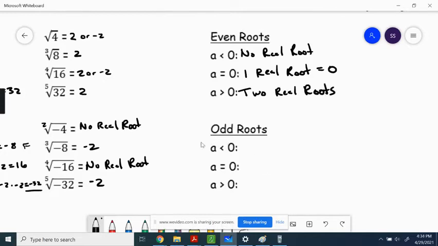Now on to odd roots. If the a value is less than 0, like with the third root of negative 8, the a value is negative 8 and our root is odd, and we got one real root.